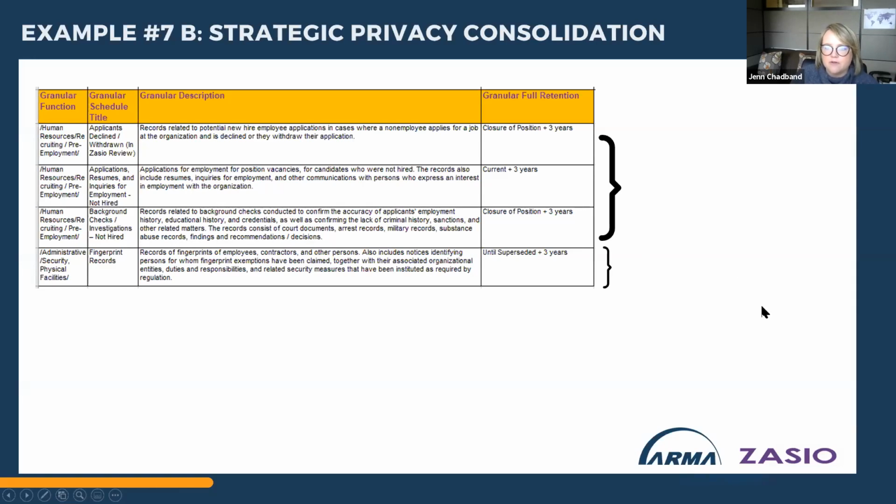You want to be very careful about how you consider consolidating, and really try to minimize the retention for these in line with what we call compelled privacy, or the maximum privacy requirements, and also no longer than what the legitimate business needs are.